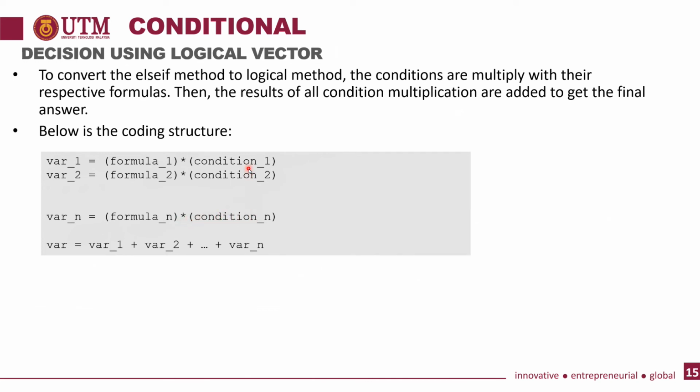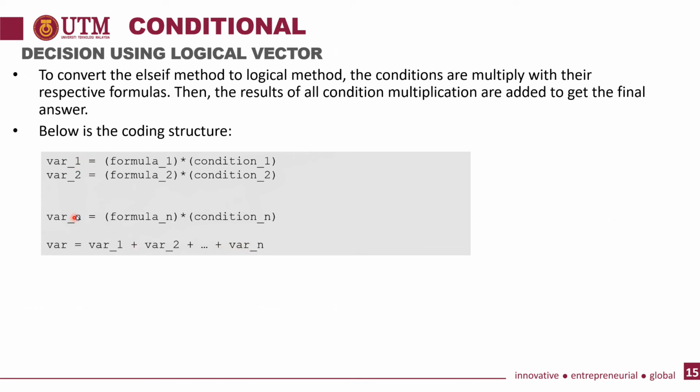If it is true, it will get the formula. But if it is false, it will become 0, so the formula becomes invalid and becomes 0. At the end of the coding structure, you need to add all of the variables, so the output equals var1 plus var2 plus var n.